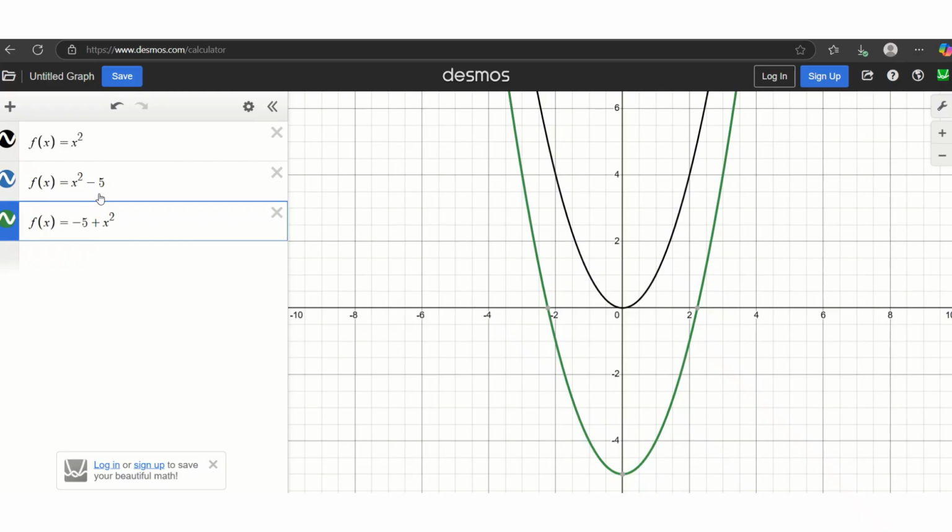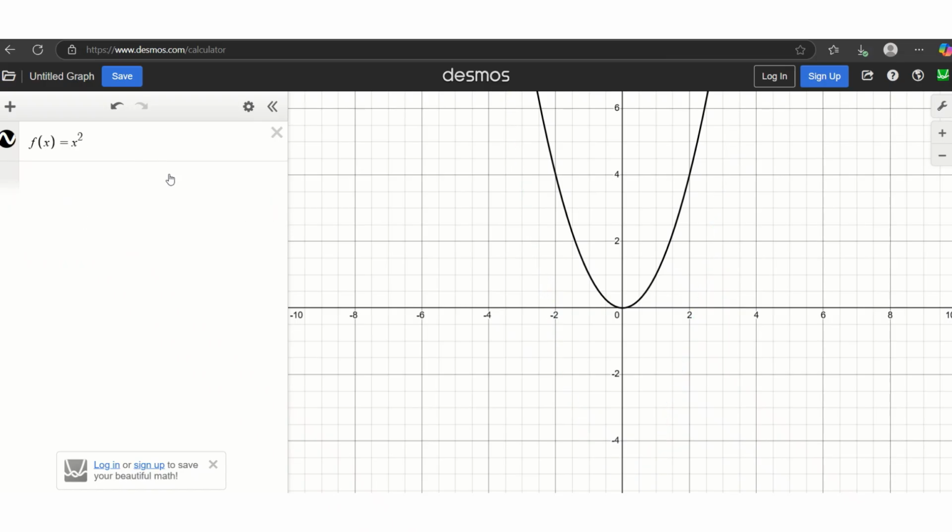When you switch the order, the negative kicks over with the 5, meaning the 5 is still negative and the x squared is still positive. They retain their sign. So the first piece of this demonstration is that adding or subtracting something outside of the squaring will slide it up and down.